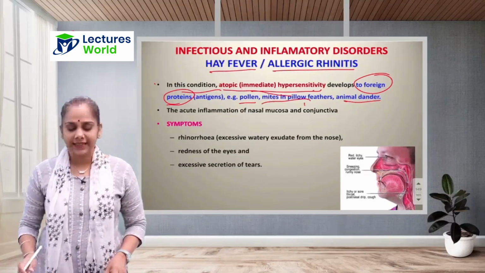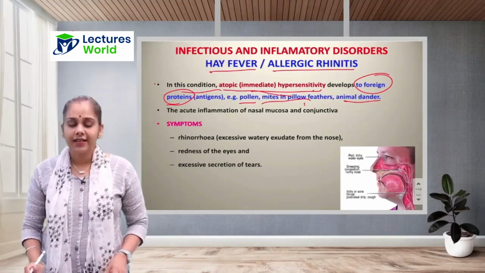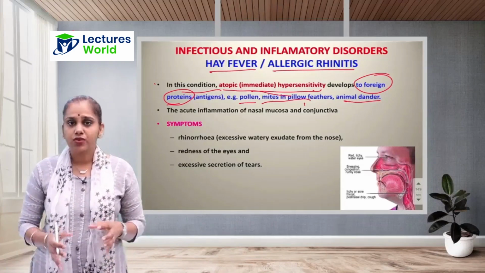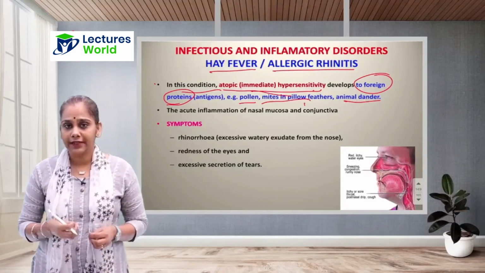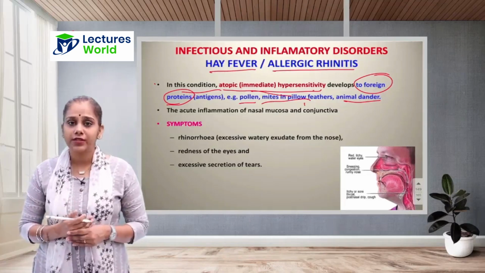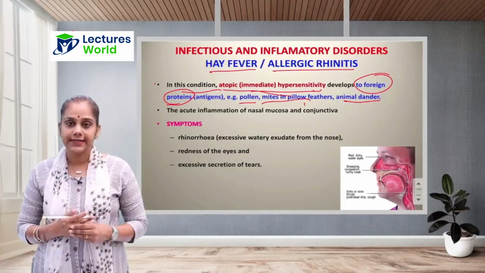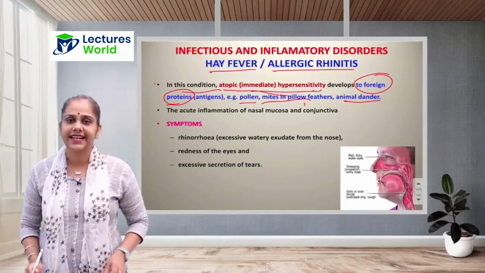These are examples of foreign particles, or we can say dust. Foreign particles or pathogens enter the nose and cause an allergic reaction. That is known as hay fever or allergic rhinitis.